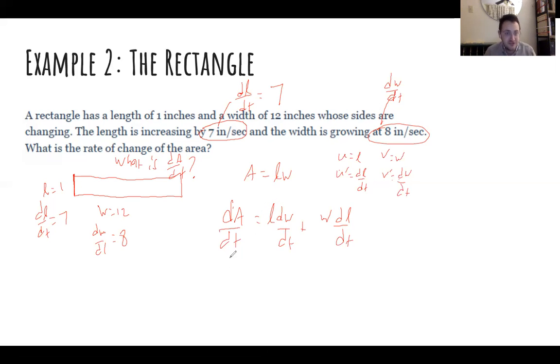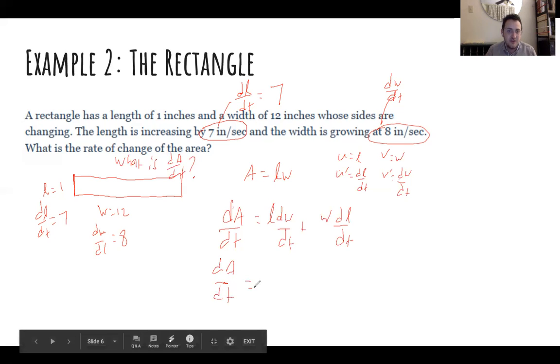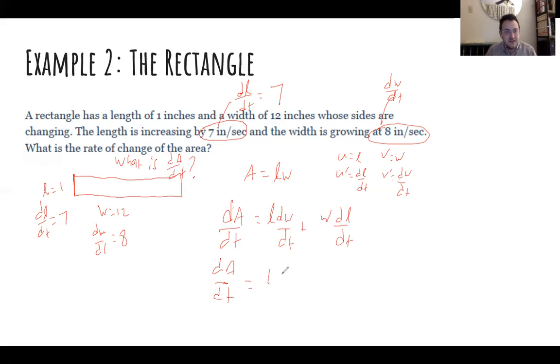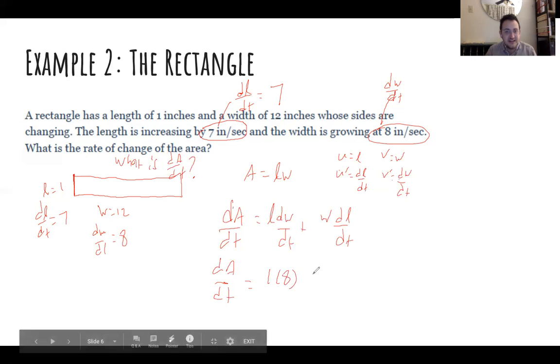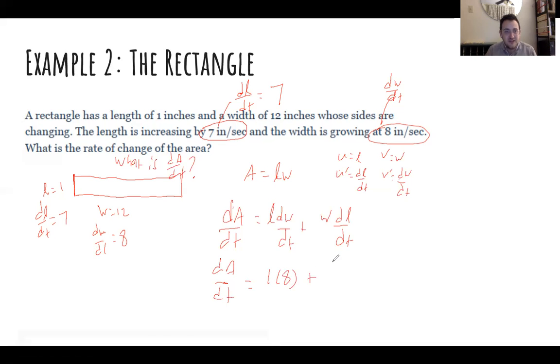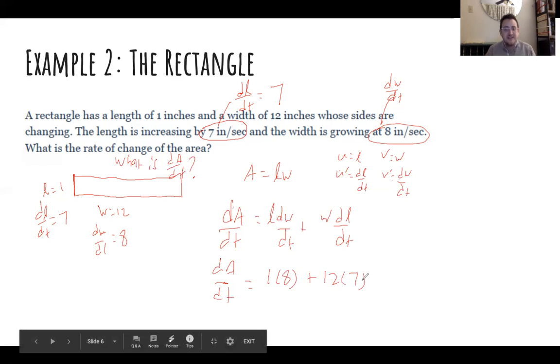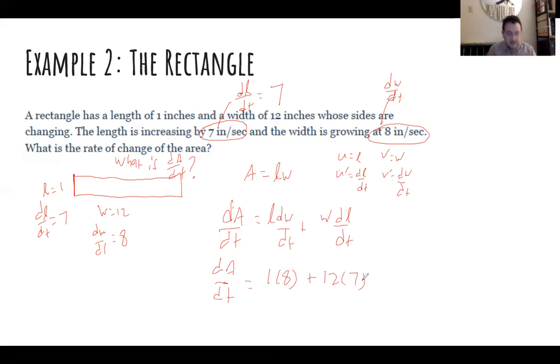So I'm going to substitute in what I know and what I don't know. I don't know dA/dt. But what I do know is my length, which is 1. I know dW/dt is 8. I know that W is 12. And I know that dL/dt is 7. So I'm going to go to my calculator. So I'm going to do 12 times 7. So that's 84 plus 8.